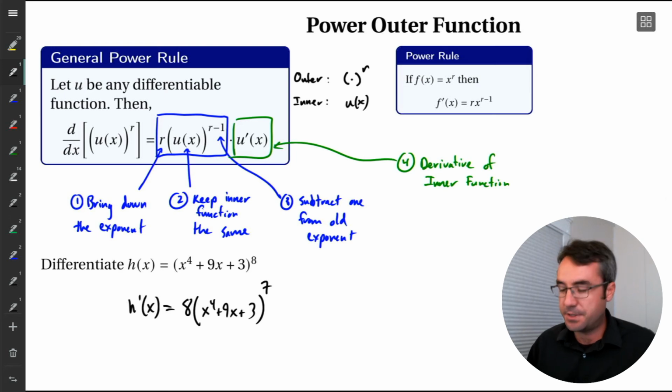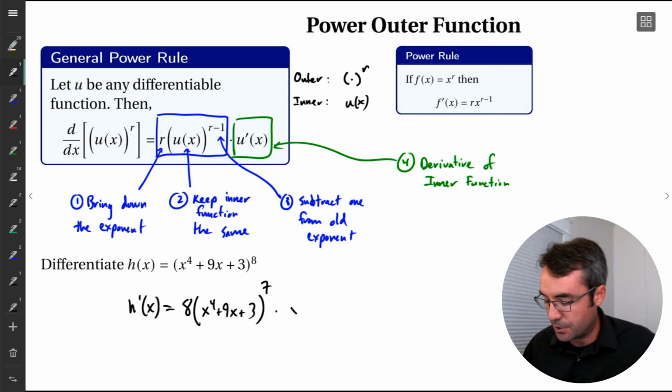That should feel pretty similar to our good old-fashioned power rule up here. Bring down the exponent, keep the terms inside the same, subtract 1 from the exponent to get the new one. That's what we did here. We brought the 8 down, kept everything the same, x to the 4th plus 9x plus 3, and then subtracted 1 from that big exponent. Now that's not the end of the story.